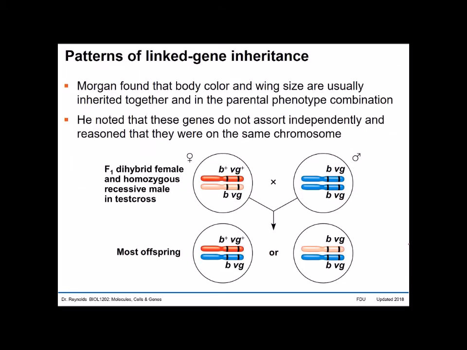And the theory which Morgan came up with was that if these 2 genes were found on the same piece of DNA, then that would significantly increase their chances of being inherited together, because those 2 would no longer assort independently. So you can see here our F1 hybrid.